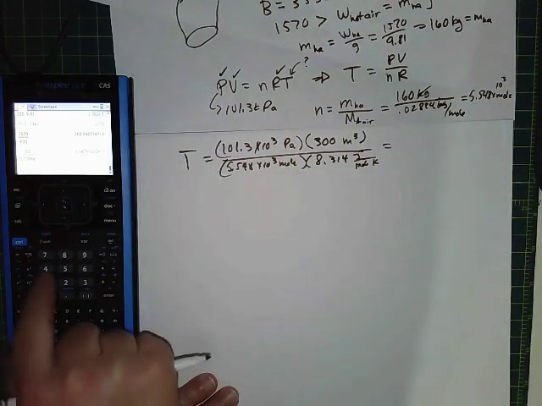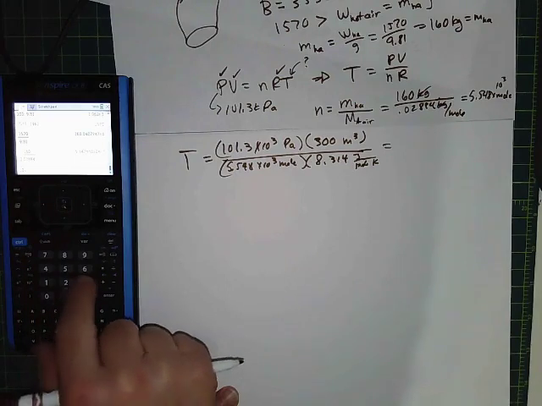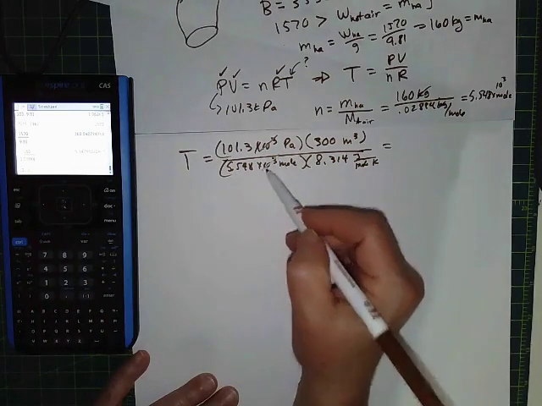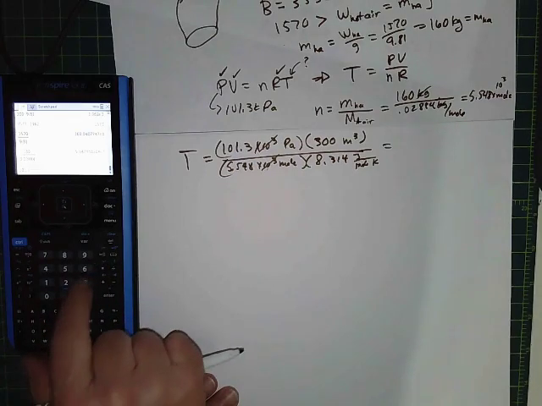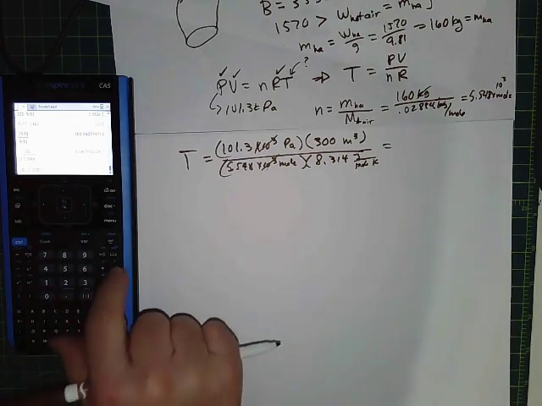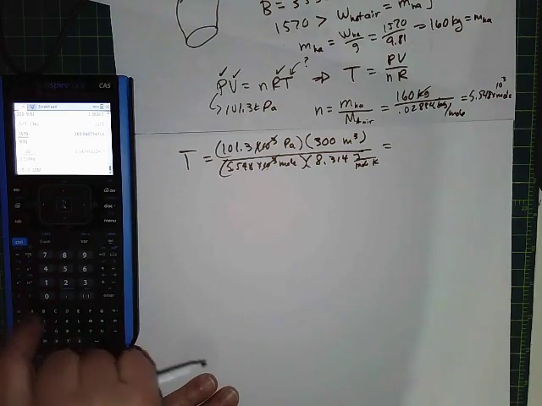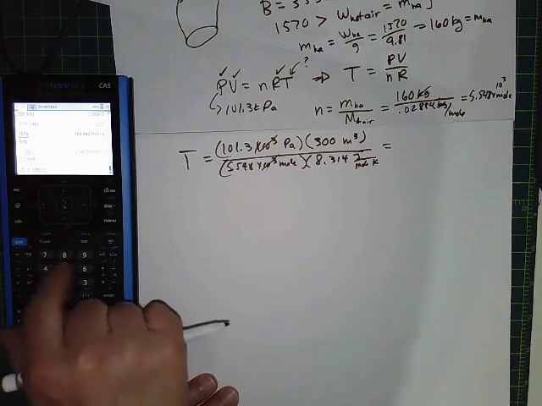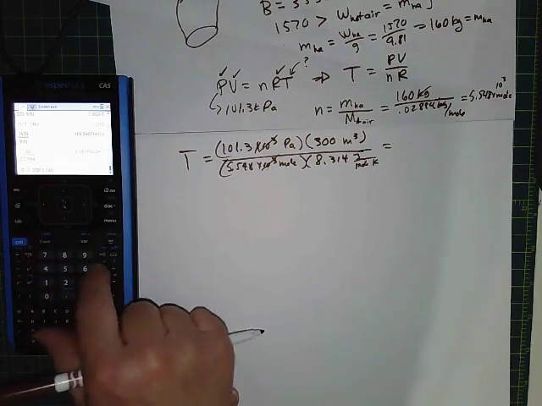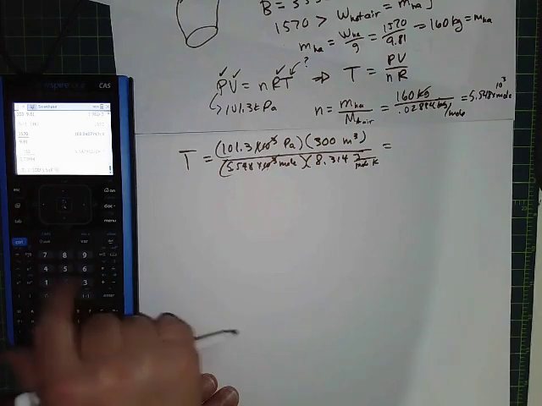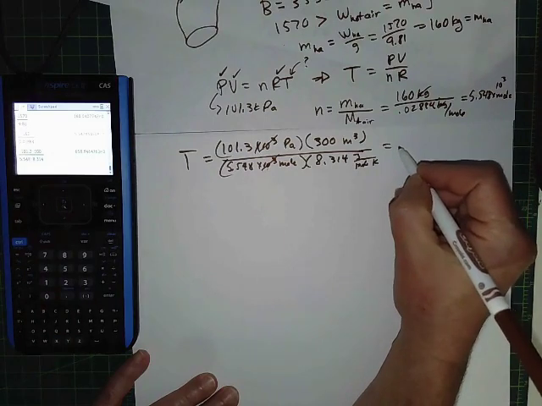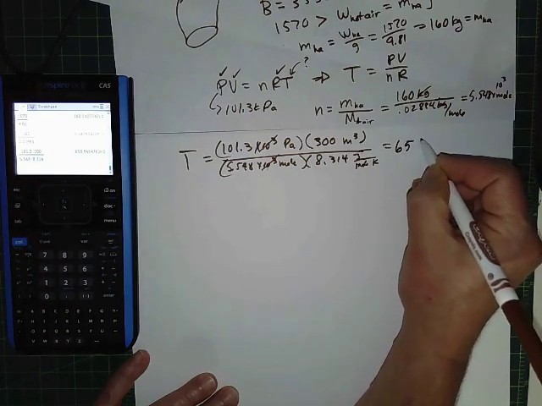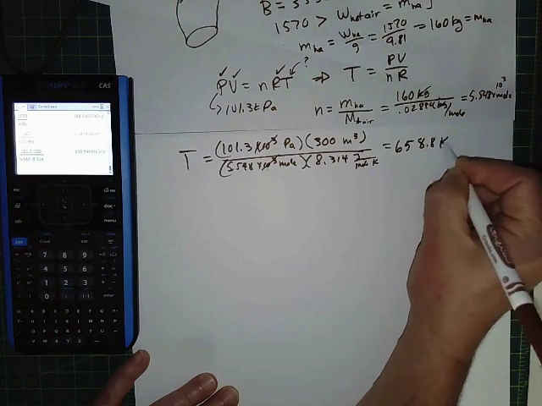So let's put some numbers in. 101.3, and I'm going to cancel my 10 to the third since there's one on the top and one on the bottom. I get a pretty high number, 658.8 Kelvin.